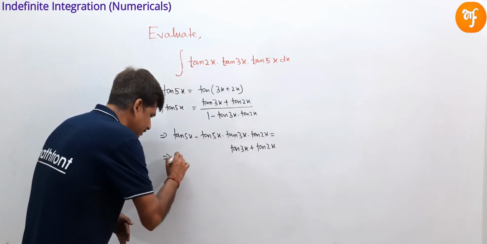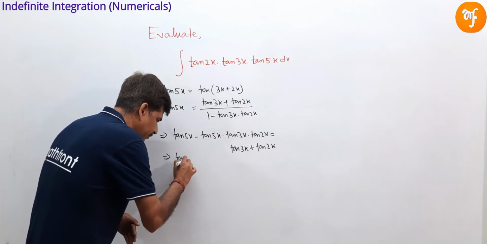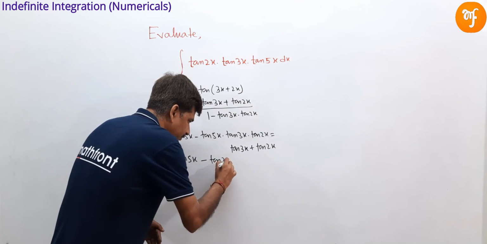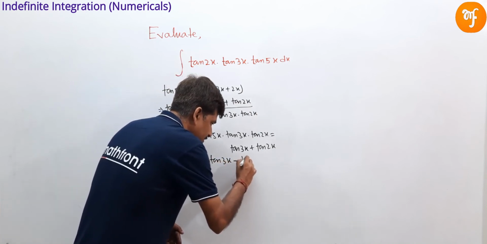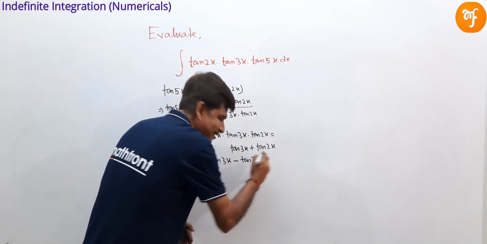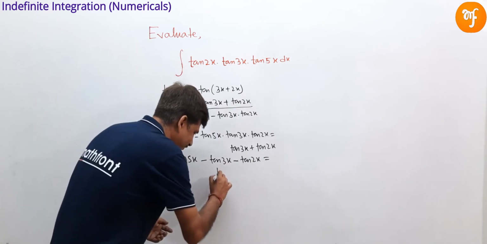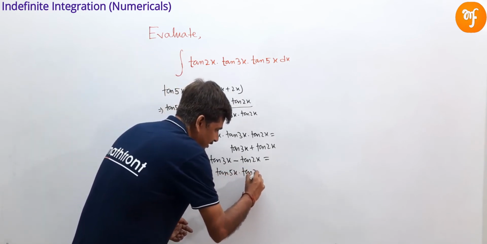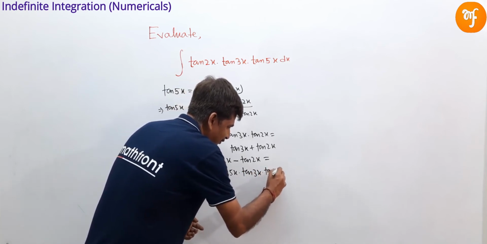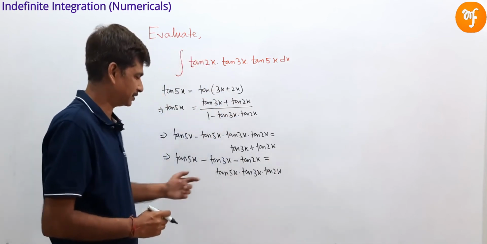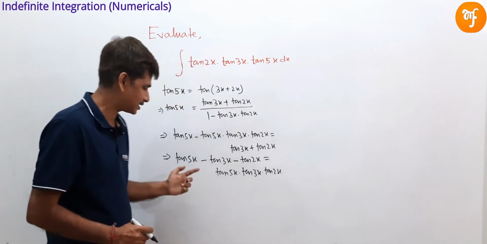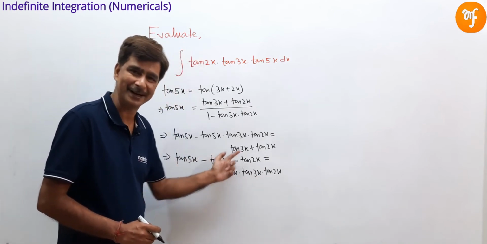So we can write tan of 5x minus tan of 3x minus tan of 2x is equal to tan of 5x into tan of 3x into tan of 2x. Now we will use this result, tan of 5x into tan of 3x into tan of 2x as tan 5x minus tan 3x minus tan of 2x.